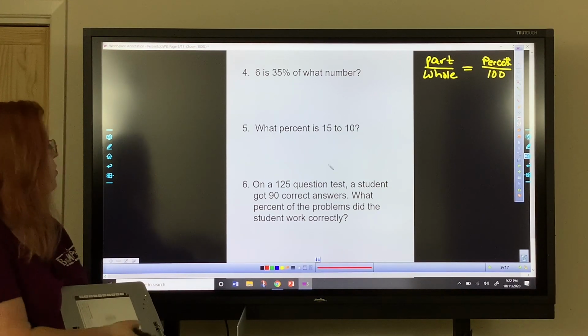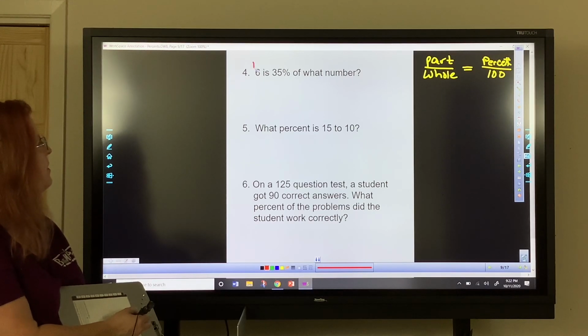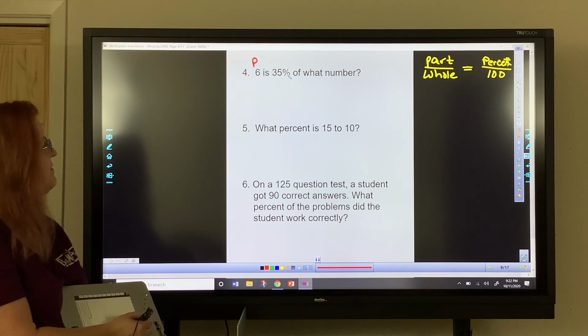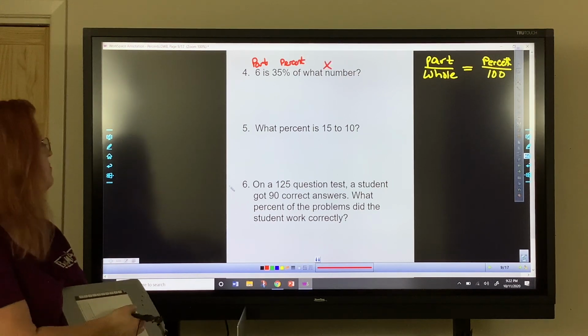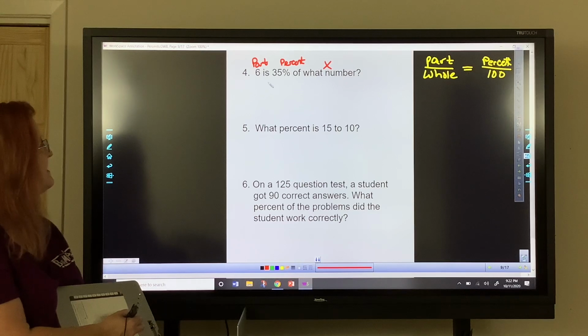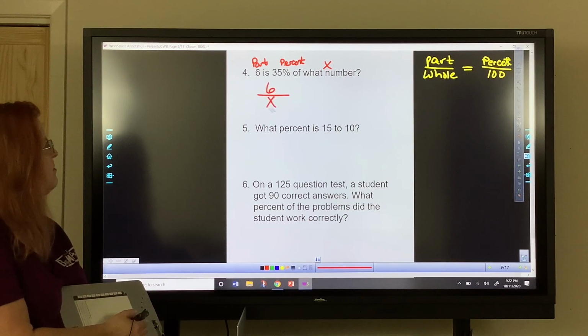All right, so 6 is my part. 35% is my percent. And my "of" is my variable. So part is 6. What number is my variable, my "of"?